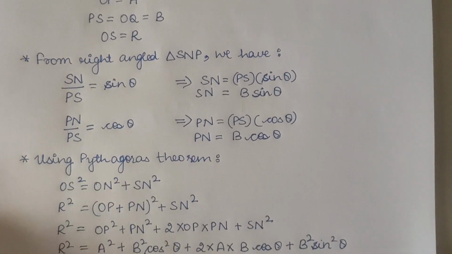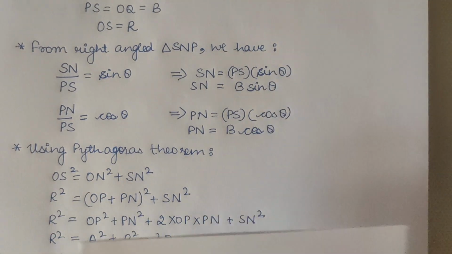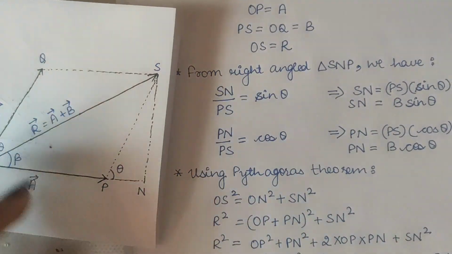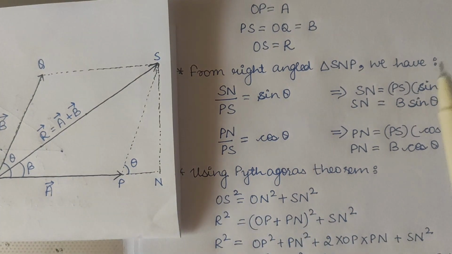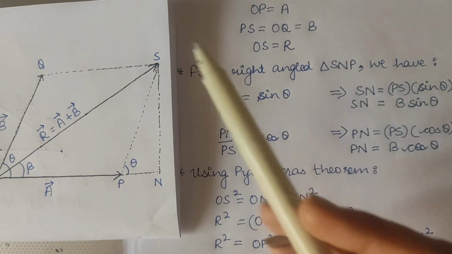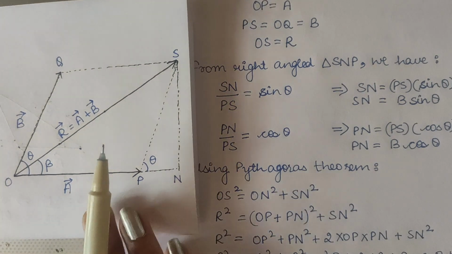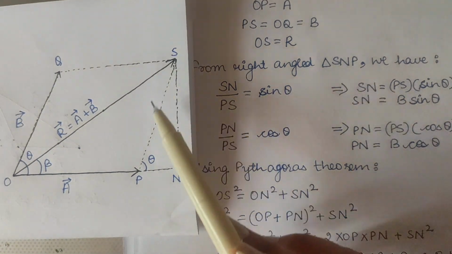Now let us come on to the mathematical part, keeping the figure for the diagrammatical representation here. Now see, from the right angle triangle SPN, we know sine theta is equal to perpendicular upon hypotenuse.